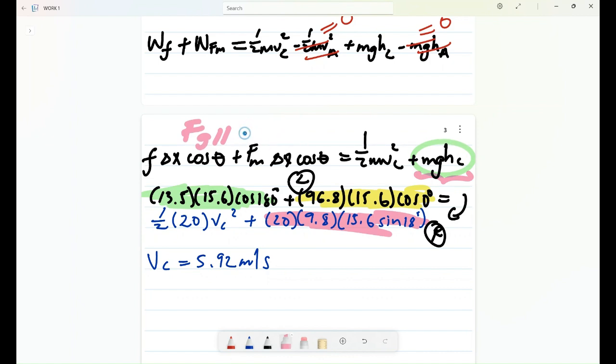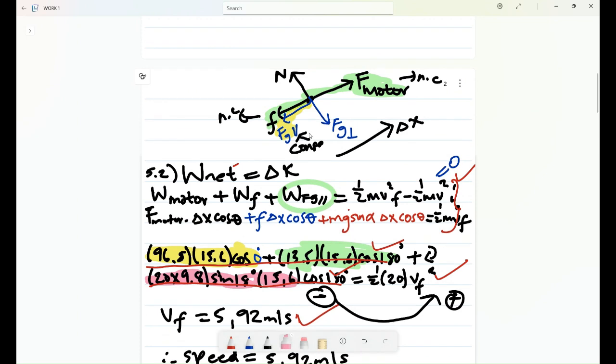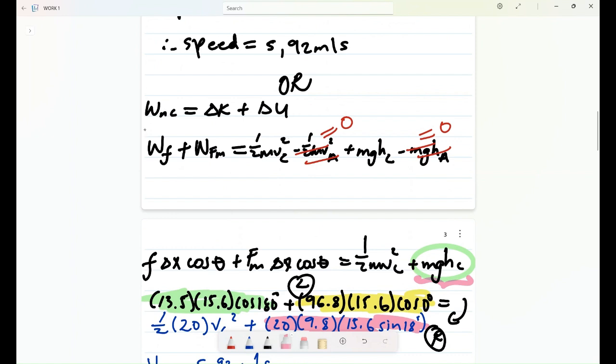Why? Because it is not a non-conservative force. It's a matter of you knowing the variables that you're going to use when you substitute. Here, work done by the net force, you include all the forces. But here, it is work done by non-conservative force. You only include work done by the conservative forces only.